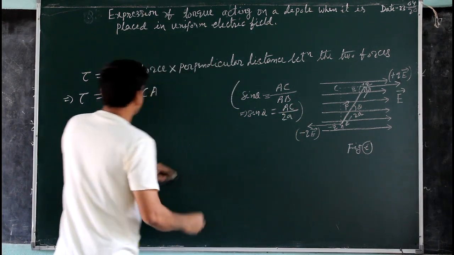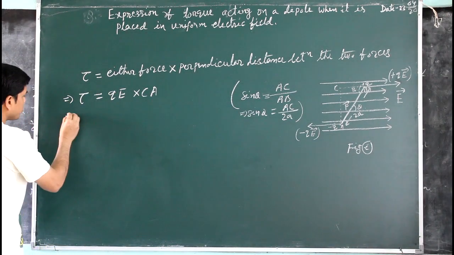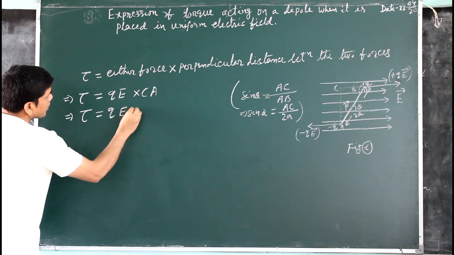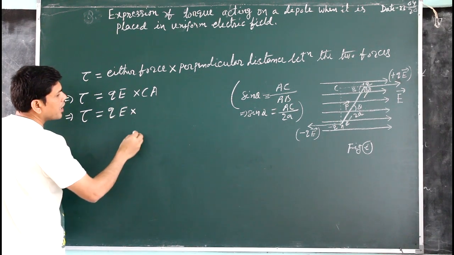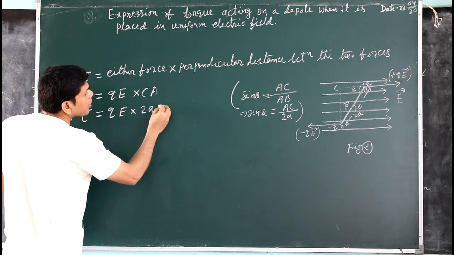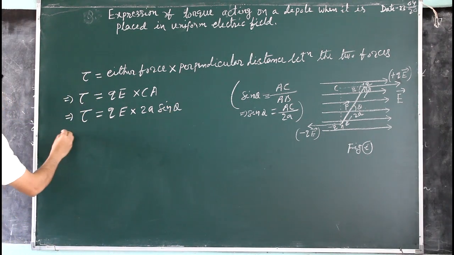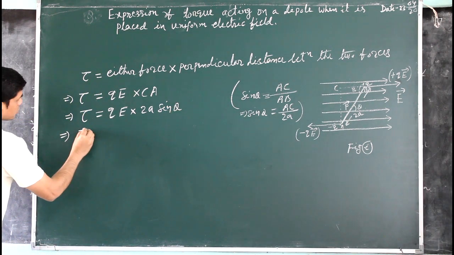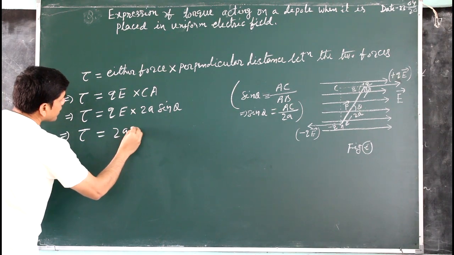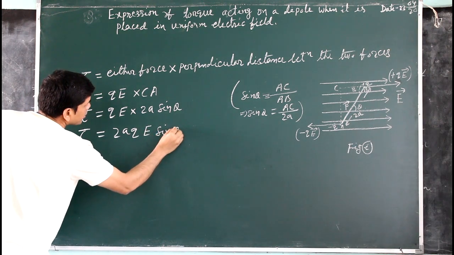Now putting the value of AC from that equation, we have tau equal to QE into AC, or CA, same thing, 2A sin theta. So tau equals 2AQE sin theta.